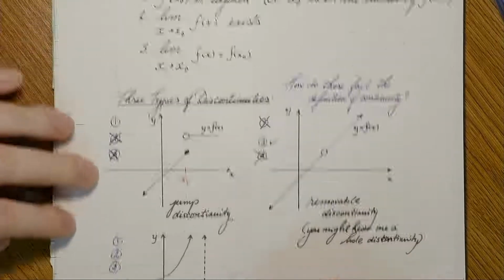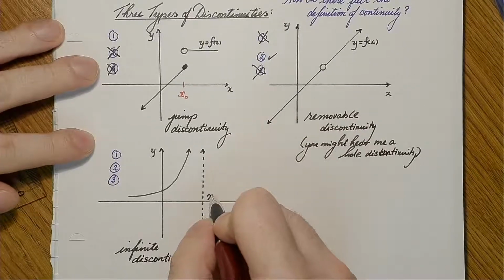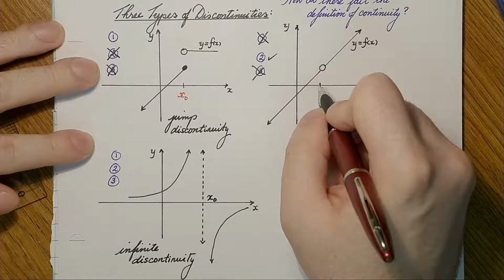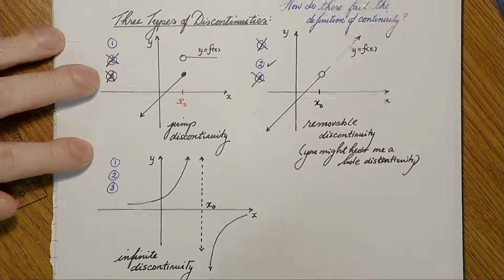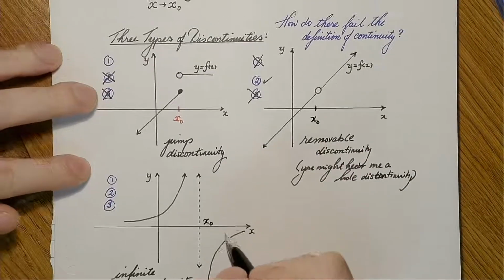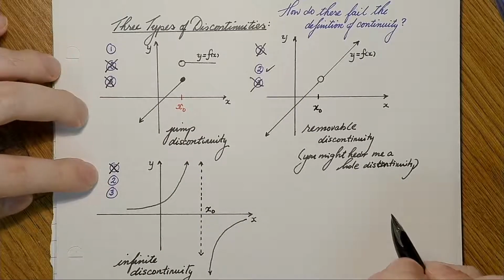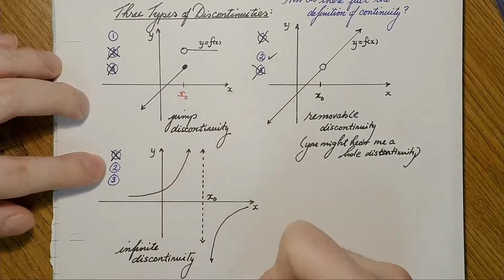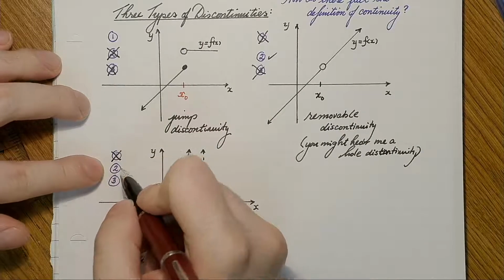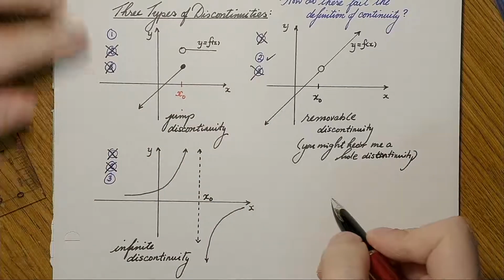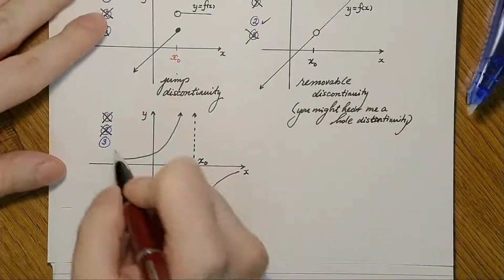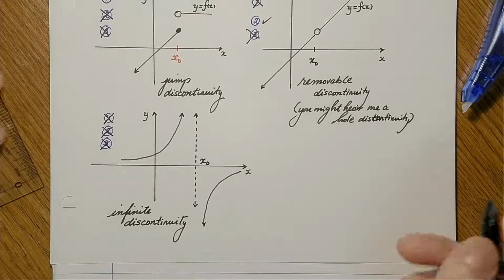And it's not defined at this x naught. So it's not defined, so it fails 1. The limit doesn't exist because it's going to 2 different numbers. Well, it's not even going to a number, so it fails. And it fails 3 automatically because it's not defined.